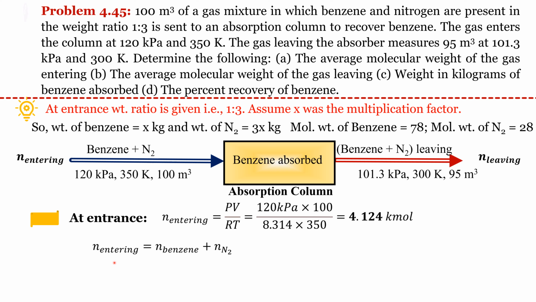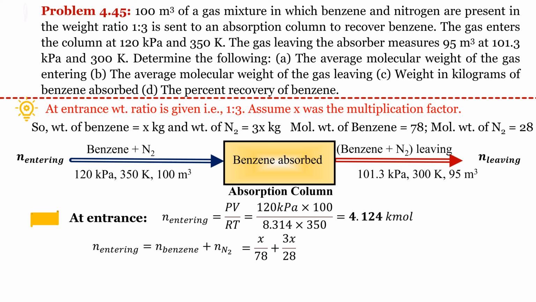Now we can write this N entering consists of moles of benzene plus moles of nitrogen. So moles of nitrogen and benzene are not known, only the weight of benzene and weight of nitrogen are known. So we can convert this weight to moles.